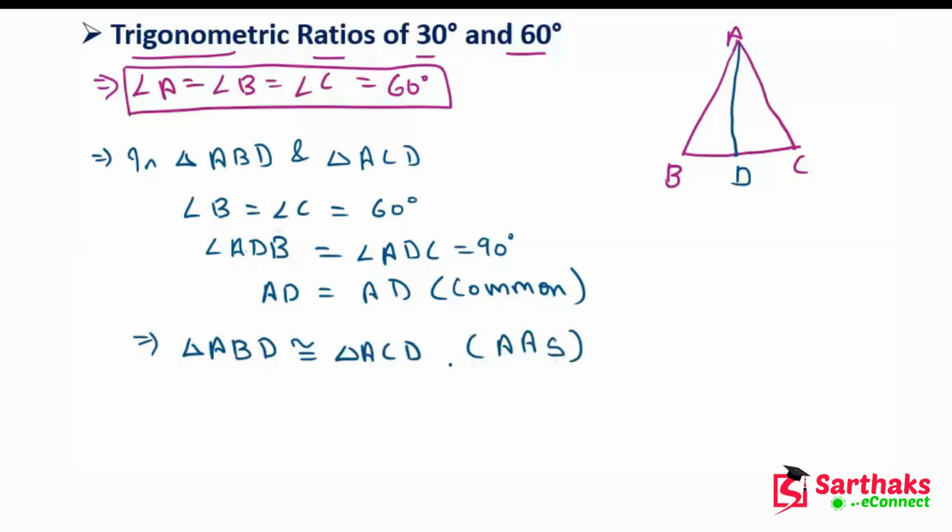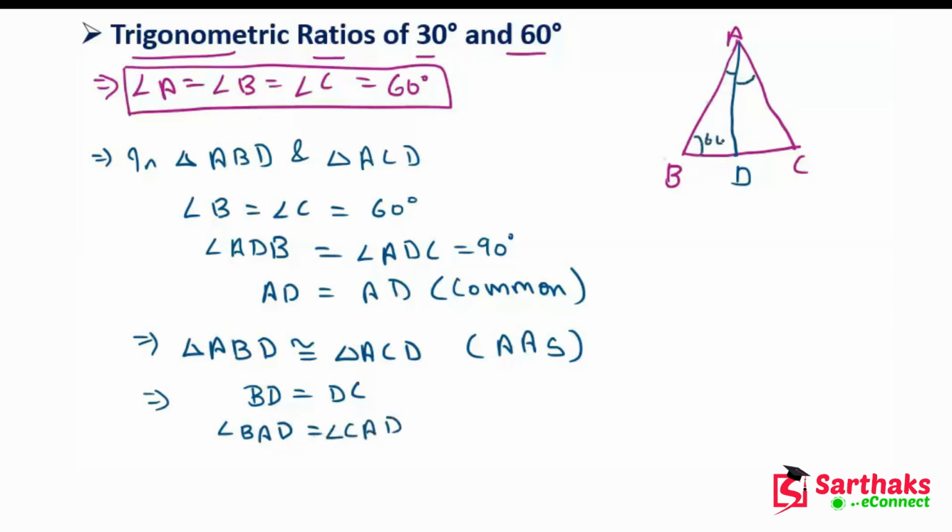Okay. So now we can say that BD is equal to DC and angle BAD is equal to angle CAD, means this angle is equal to this angle.